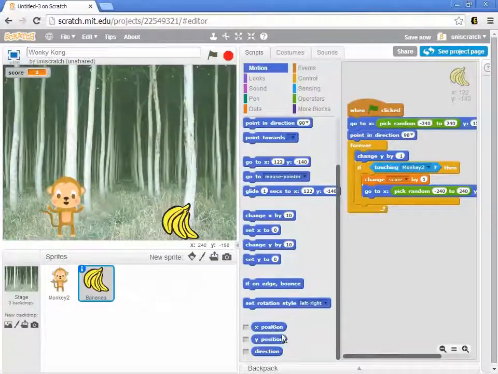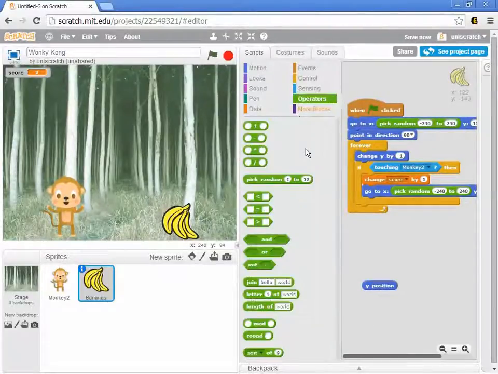But notice that these are round pegs that would fit in round holes, and I can actually ask the computer, what is the X position of my banana? What is the Y position of my banana? It's the Y position I'm interested in. I want to know if the Y position of my bananas dropped below, when Y position drops below negative 140. When it does, then for the time being, the game is going to be over.